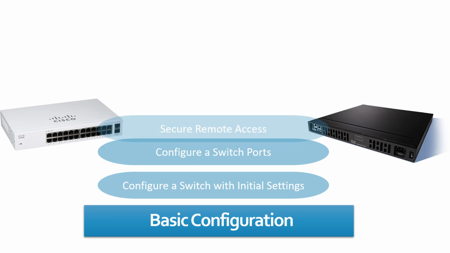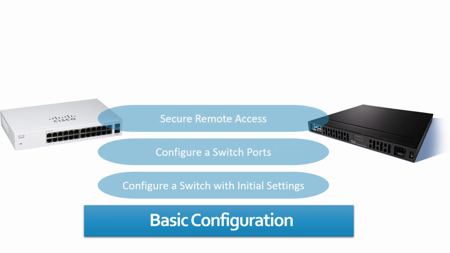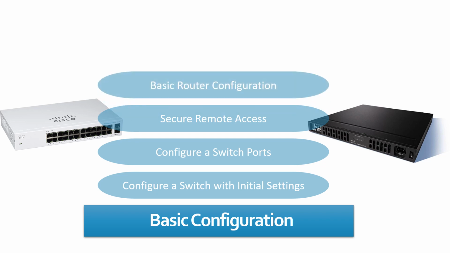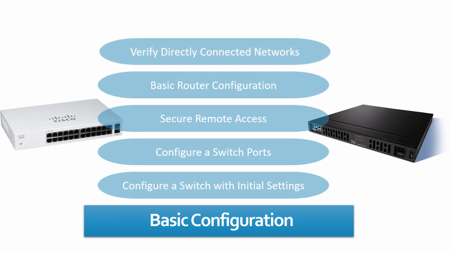We will configure secure management access on a switch. And we will continue to configure basic settings on a router to route between two directly connected networks using the command line. And lastly, we will verify connectivity between two networks that are directly connected to a router.